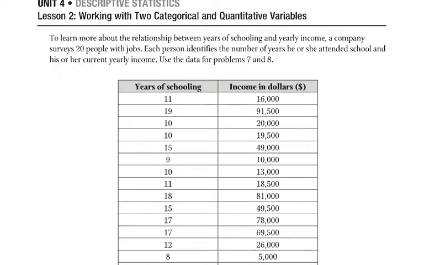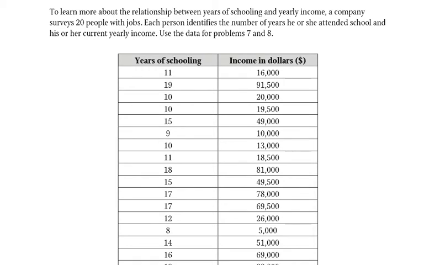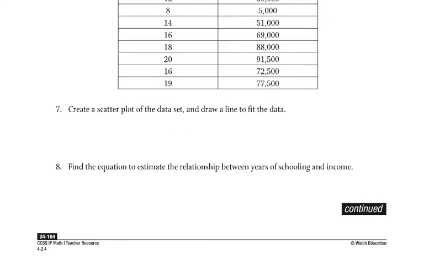Okay, so now let's take a look, years of schooling versus income in dollars. Let's see, scatter plot. Is there an equation that can show a relationship there?